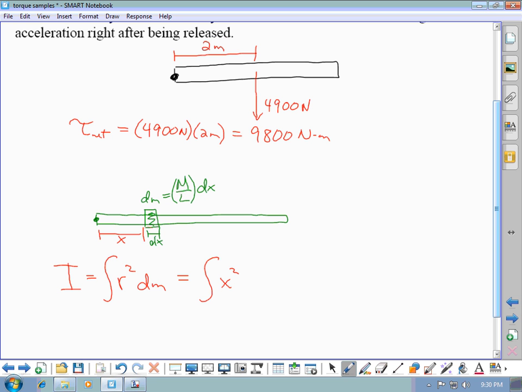So we have the integral of x squared. And instead of writing this in terms of m, that's why I needed this relationship. That way, if my variable is x, then my differential is going to be dx. So I need to have this m over L times dx.